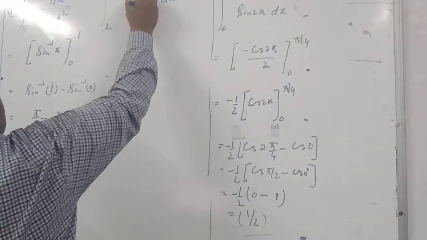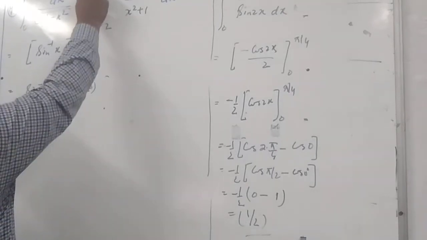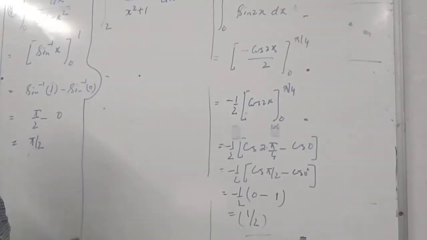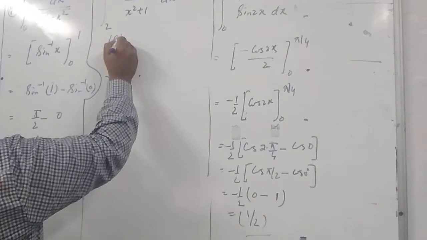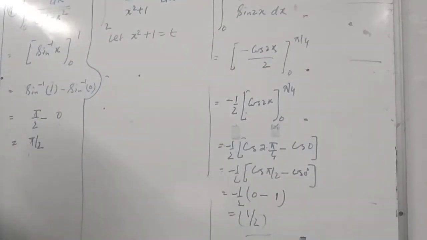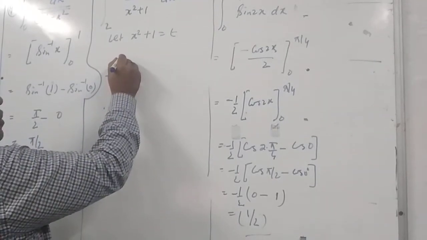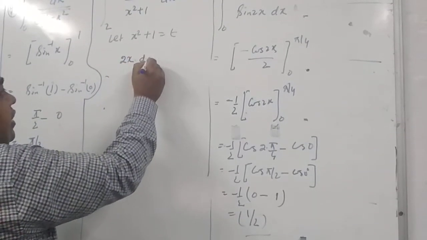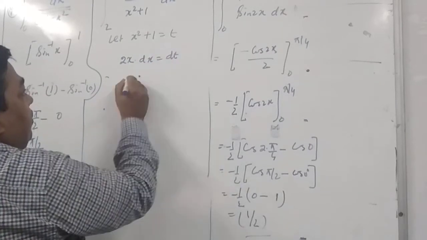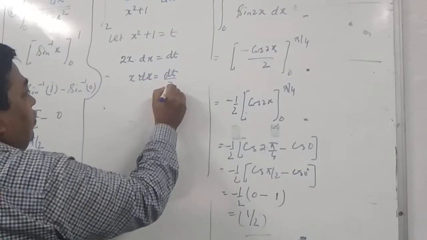This we will do by the substitution method. Let x square plus 1 equal to t. Then 2x dx is equal to dt, meaning x dx is equal to dt by 2.